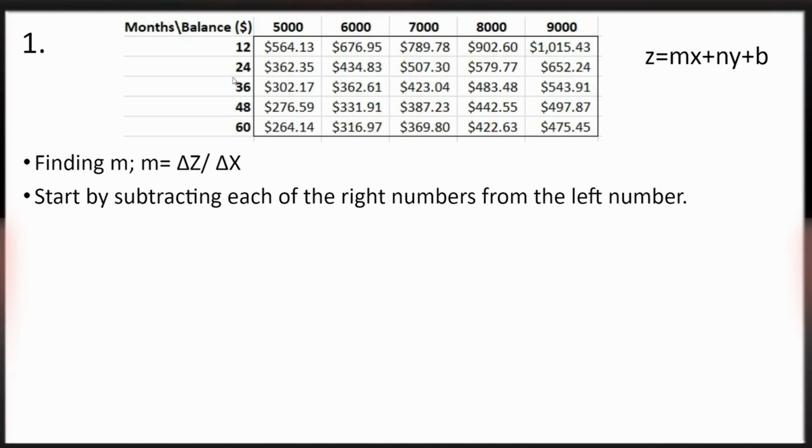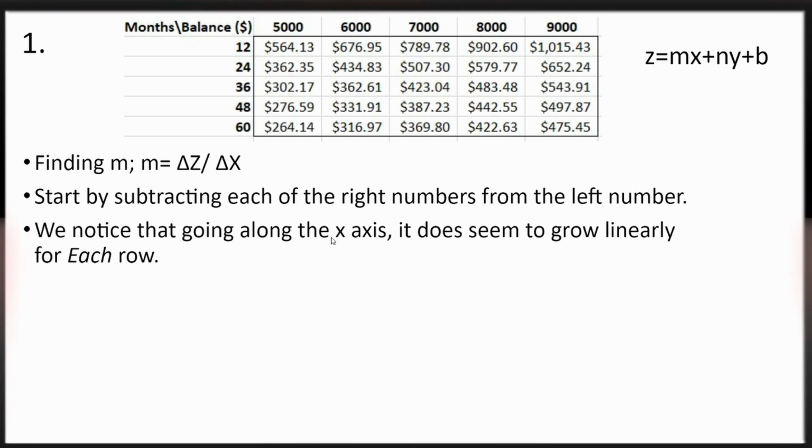We're going to keep y constant for the differences that we do, and we do that for each row. We notice that going along the x-axis, it does seem to grow linearly for each row. Just by observation, you can see that going from here to here, and from here to here, is all going to be the same.